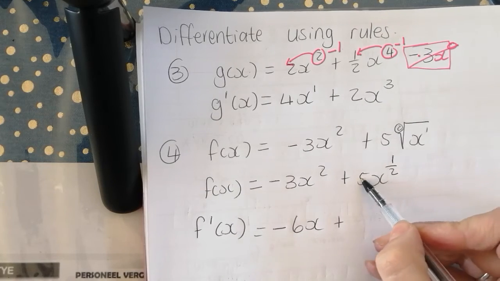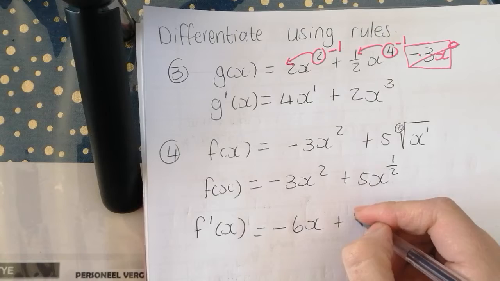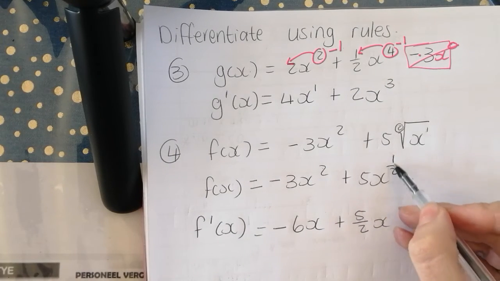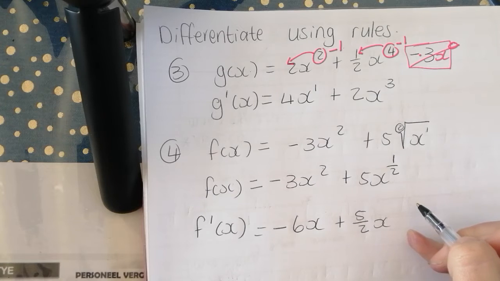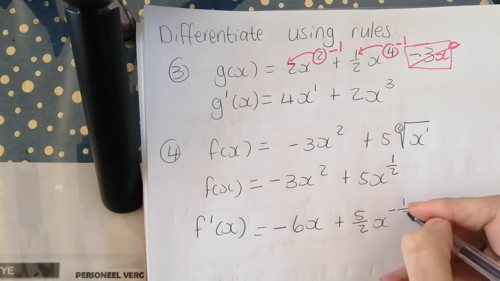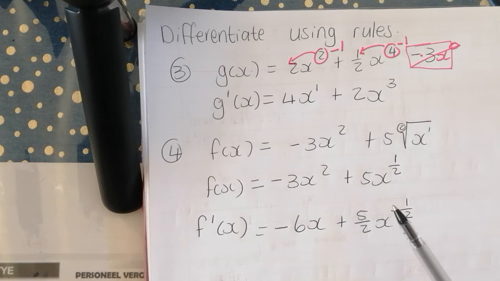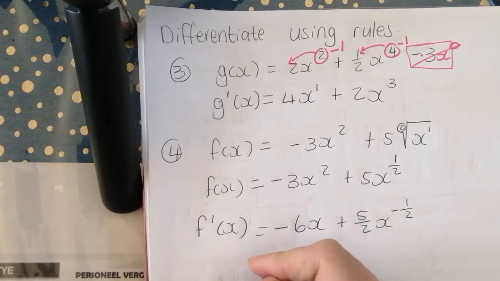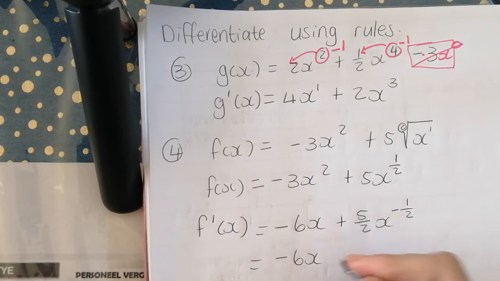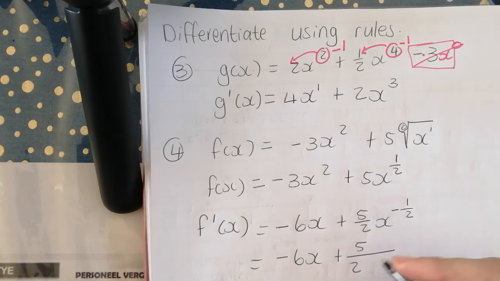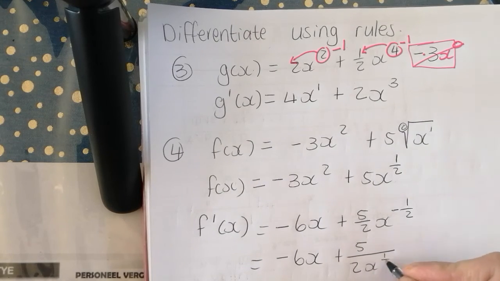Plus 5 times by a half is 5 over 2. x to the power of a half minus 1 is negative a half. Do you agree? But my exponential laws tell me that I'm not allowed to have a negative exponent. So that means I need to bring it down. So this is negative 6x plus 5 over 2 x to the power a half.